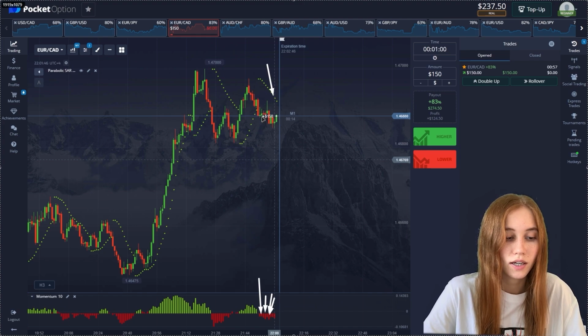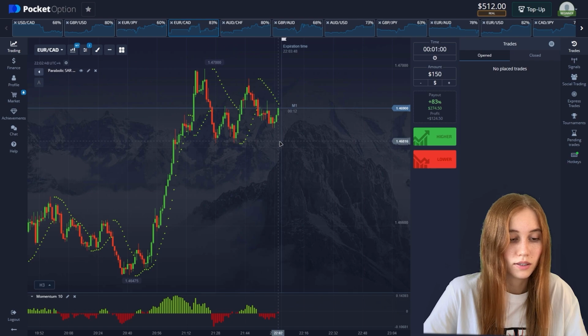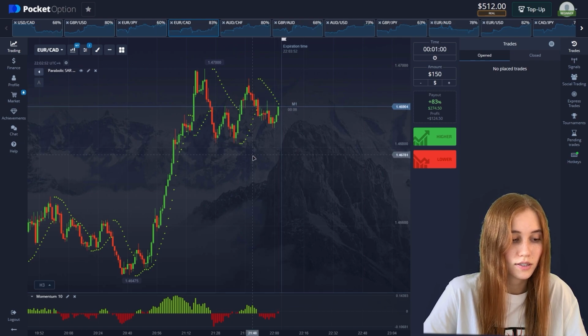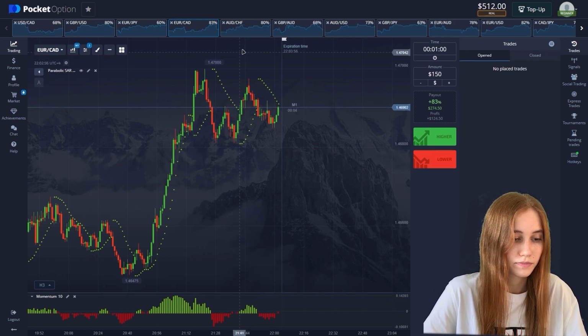As we see here, there are many green candles, the deal is plus, and the balance is more than $500. So let's move on to the next concept.